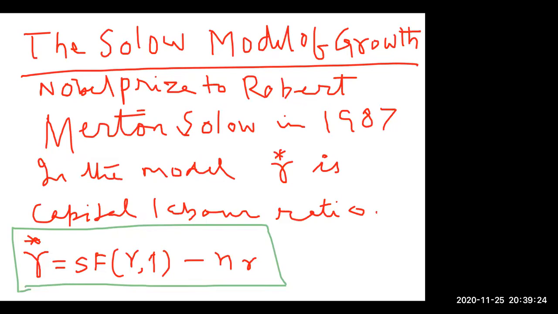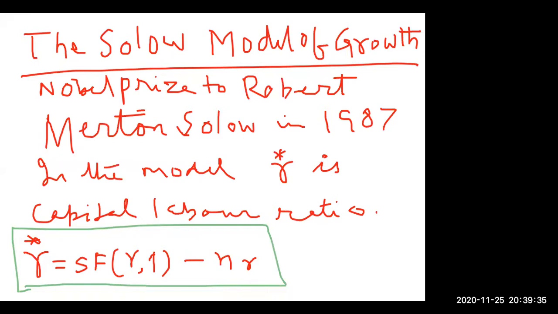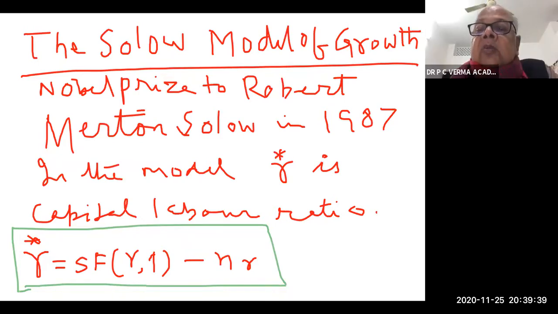What is SF, sir? S is savings. I am explaining just now. This equation is the main equation of Solow model.